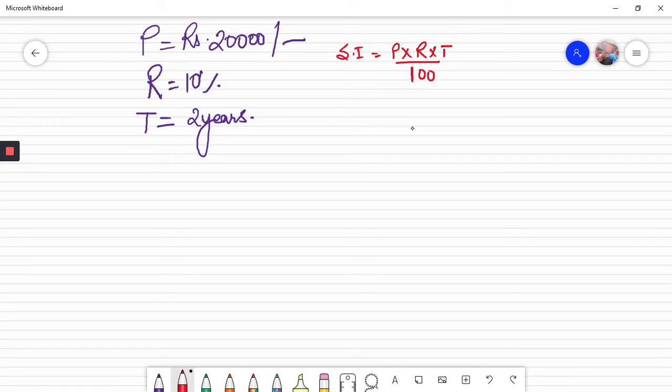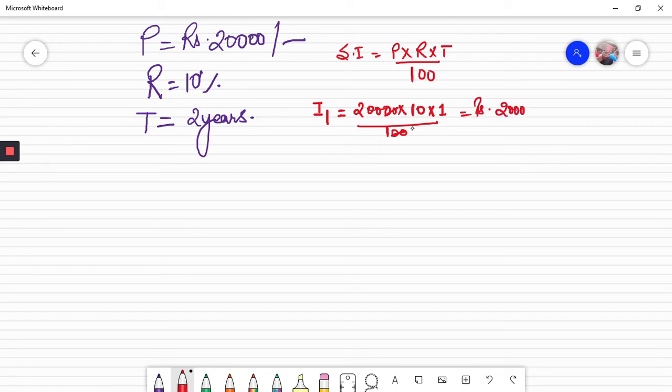So interest for the first year will be equal to 20,000 into rate, that is 10. We are doing the calculations year by year, so I have taken the time as 1, divided by 100. So this will be equal to rupees 2,000.